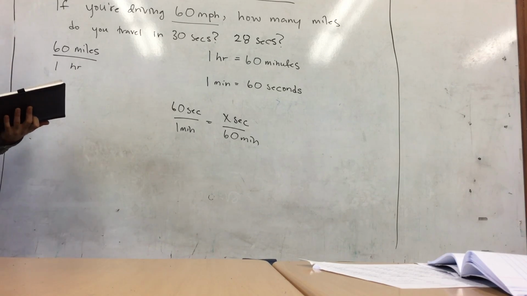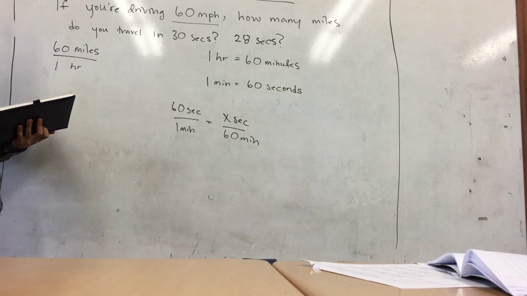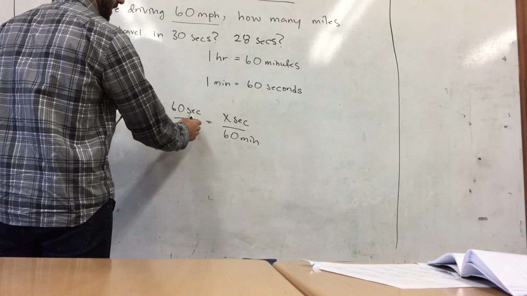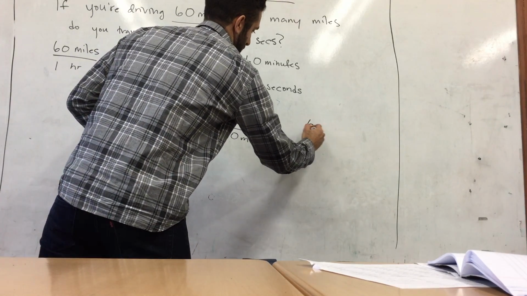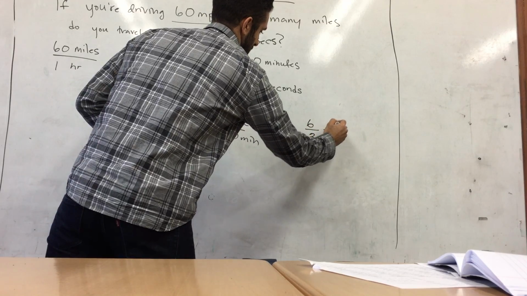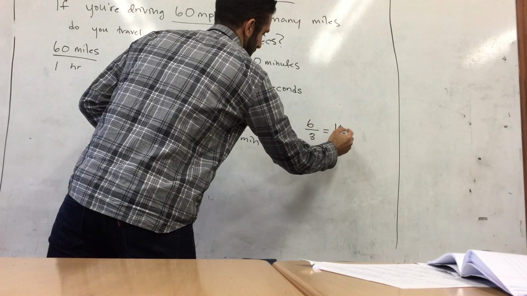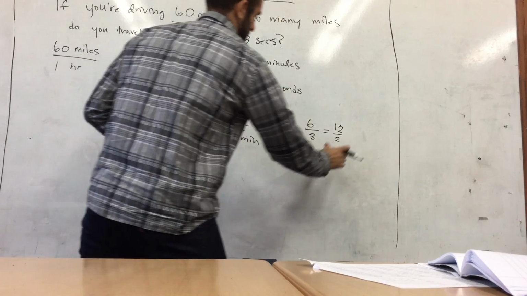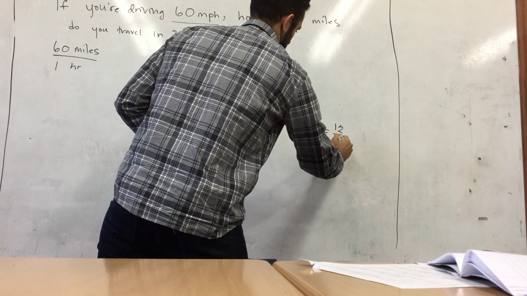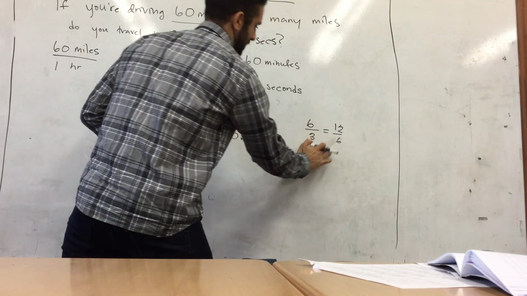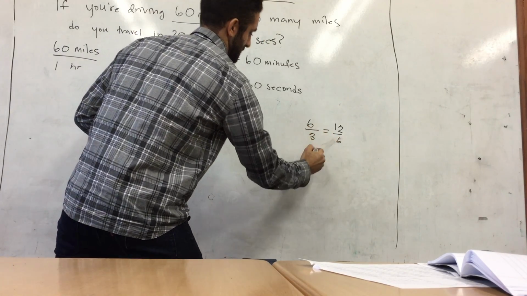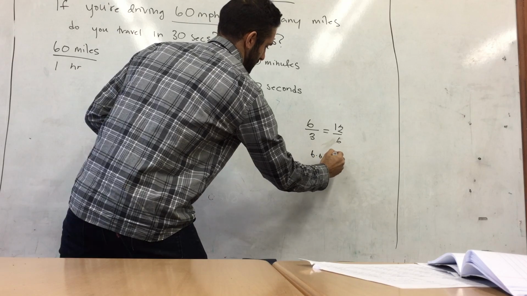You can cross multiply. I'm going to show you a shortcut way, all right? You can cross multiply this times this is equal to this times this. For example, 6 times 6 is equal to 12 times 3.